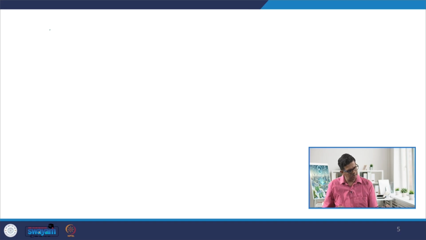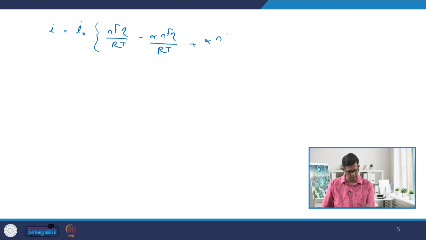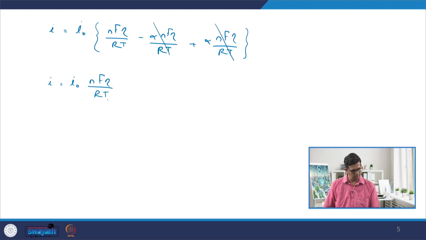Let us resolve this. So I equals I naught [n F eta by RT minus alpha n F eta by RT plus alpha n F eta by RT]. That 1 gets cancelled, and as you can see this gets cancelled. So what we have is I equals I naught n F eta by RT.